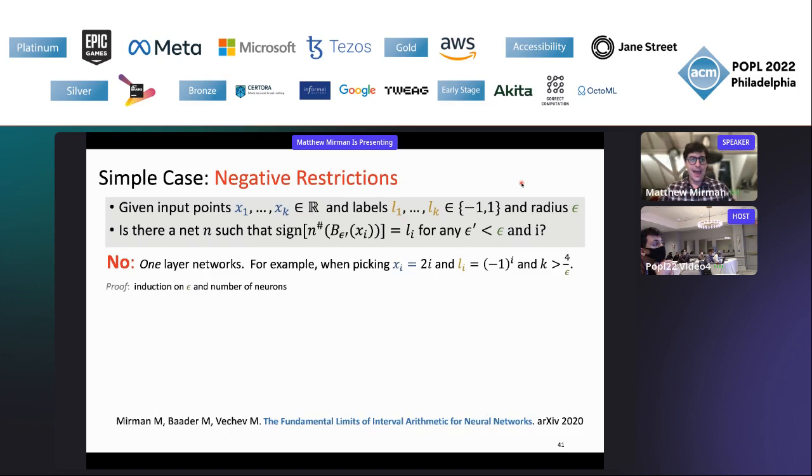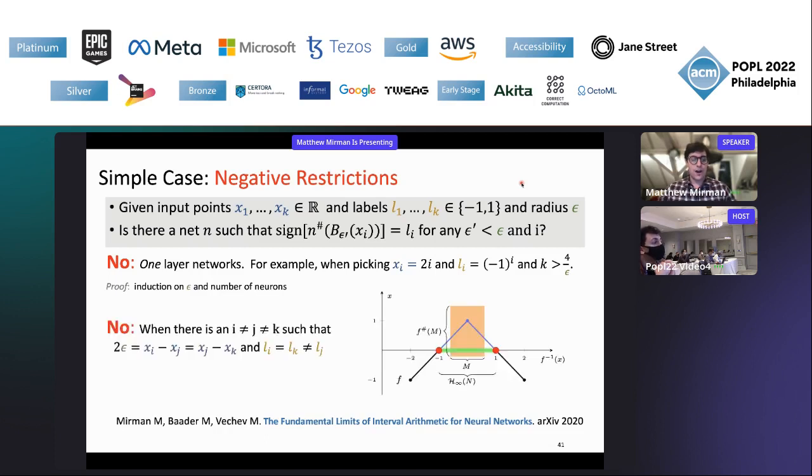So we have a stronger result that applies to any neural network of any shape based on ReLUs, that if the data set that the network is trying to classify contains 3 points that are equidistant and separated by the radius epsilon that you're trying to use for certification, and if the outer 2 points are one label distinct from the center point, then there's also no such network that can provably classify it as per this notion of provably classify.